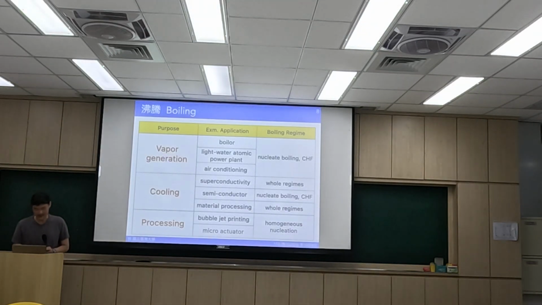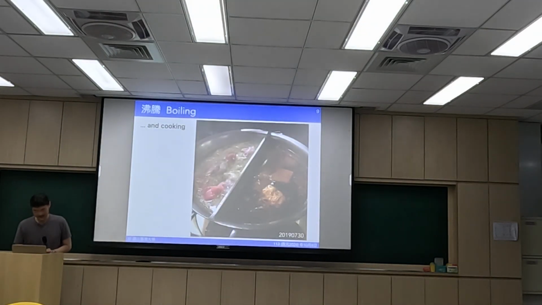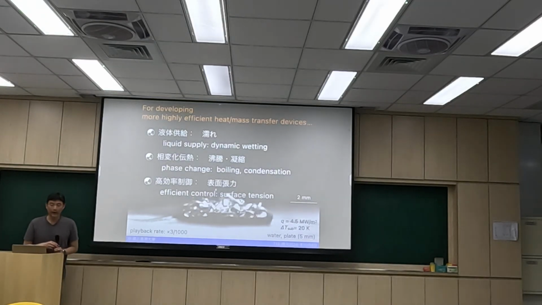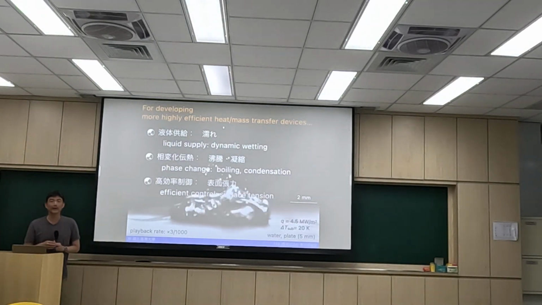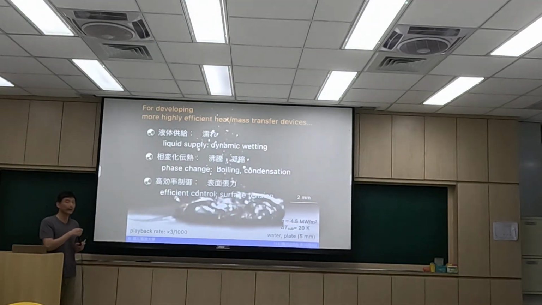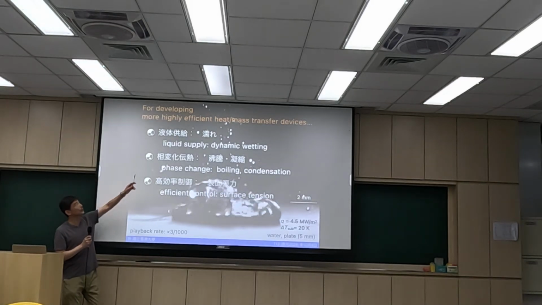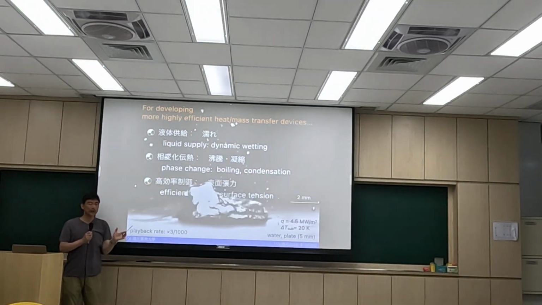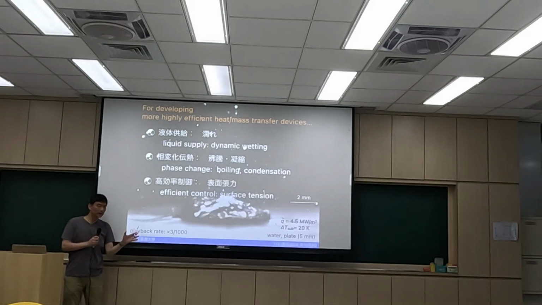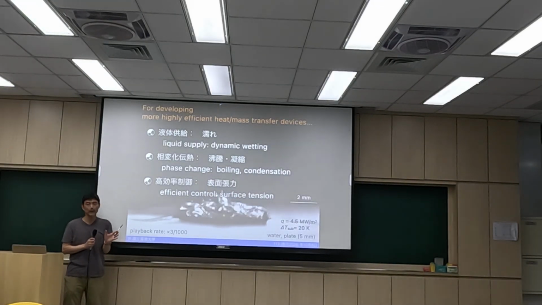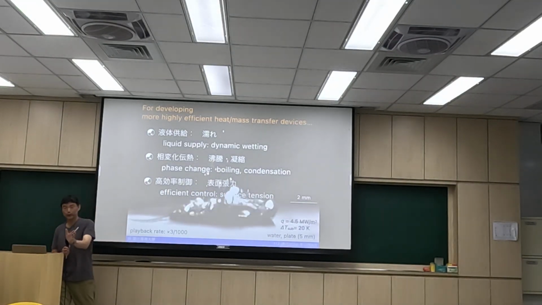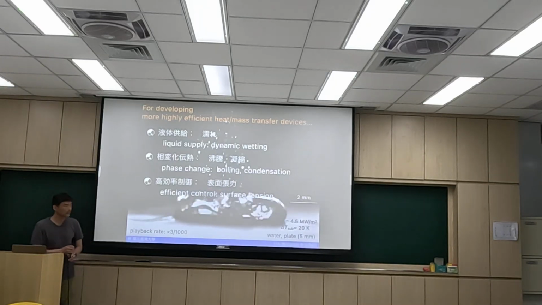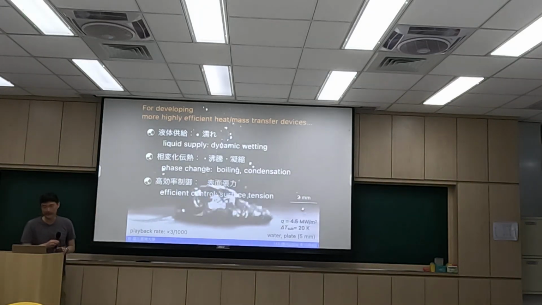Okay, I'm going to skip this. In order to apply the boiling phenomenon, you have to understand these topics. You need to deliver the cool or low-temperature liquid to your heating surface, so you have to control these kinds of things.